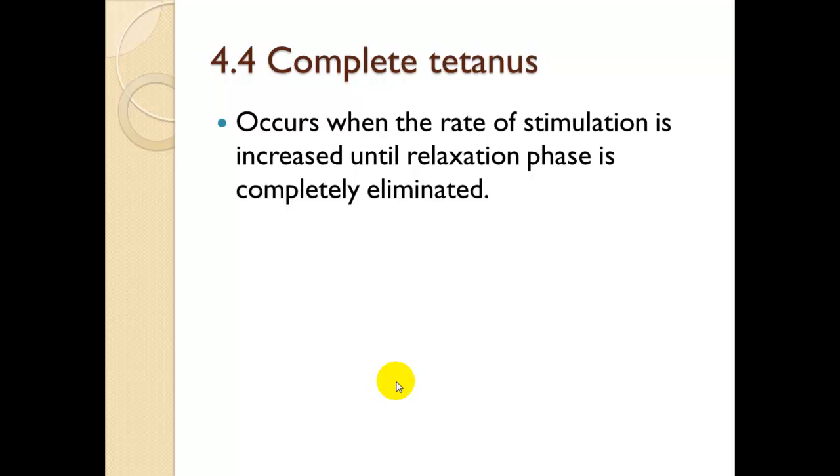Complete tetanus, another term here, occurs when the rate of stimulation is increased until the relaxation phase is completely eliminated. And whenever someone gets tetanus, it causes so much contraction in their muscles that their muscles essentially lock up, and there's no relaxation phase whatsoever. This is extremely painful.